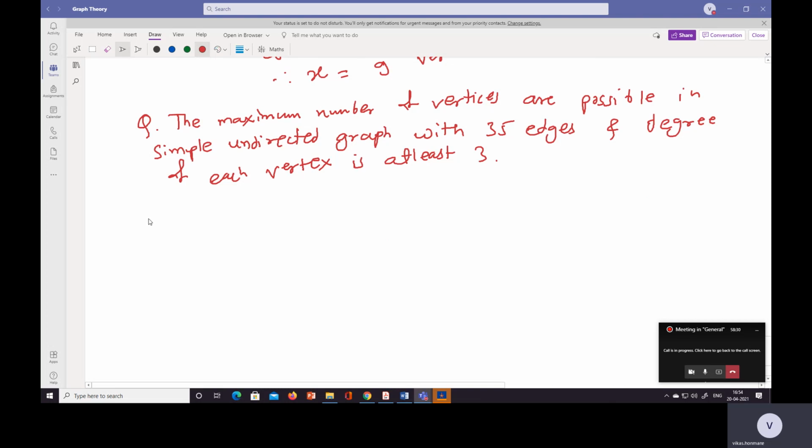So we use the corollary, which is k into v less than or equal to 2 into e. Here k is given as at least 3, so 3 into the number of vertices is less than or equal to 2 into 35. So 3 into v is less than or equal to 70.